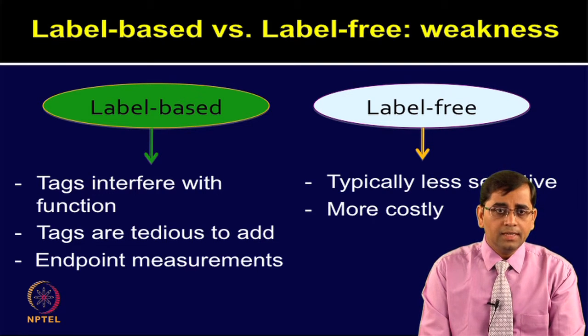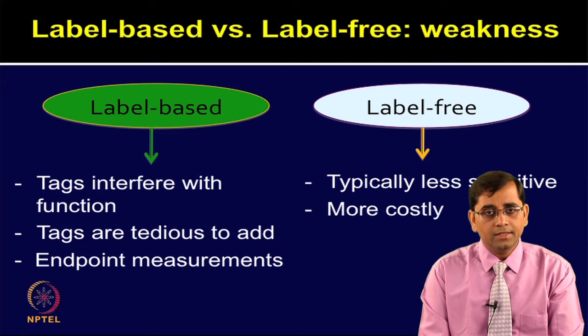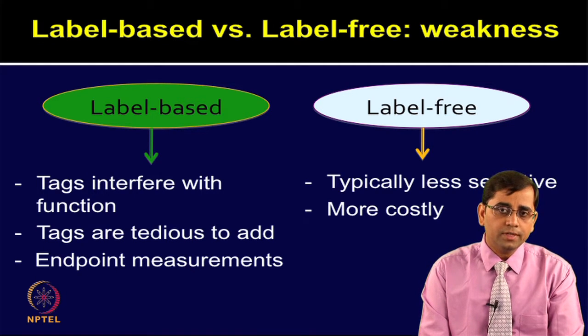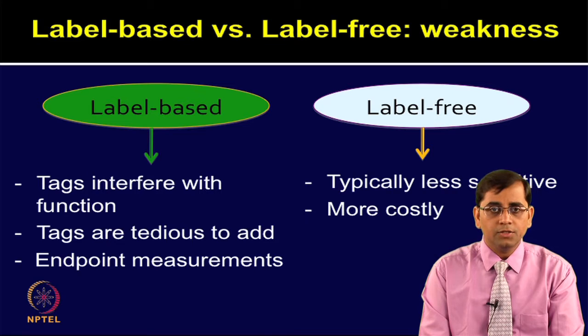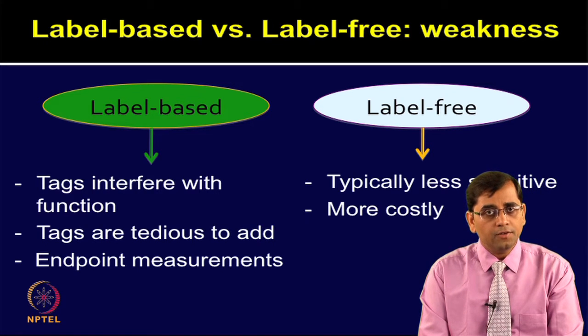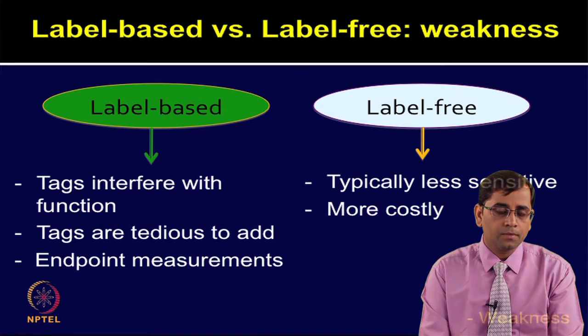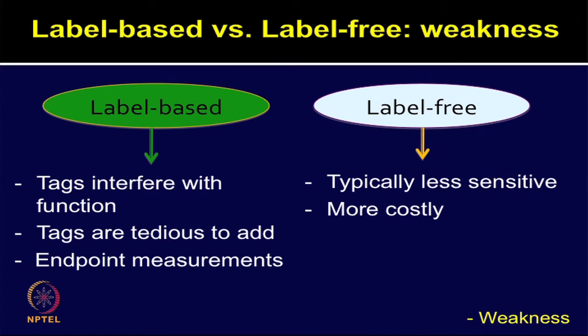Secondly, these tags are not always easy to add to the molecule of interest, as it requires a labeling process as a preparation step that usually leads to low yield after purification. Finally, these label based methods provide endpoint measurements, which means that you have to perform your assay the whole day, and by the end of the day you can learn whether your assay has worked or not.